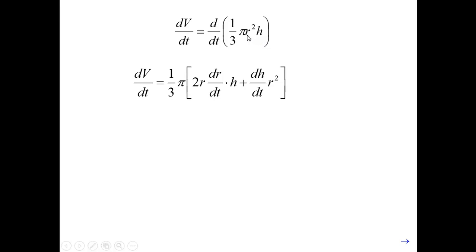The derivative of r squared will be 2r dr/dt, taking it with respect to t, times the second recopied, which was h, plus the derivative of h with respect to t, which is dh/dt, times the first recopied, which is r squared. So this is all a product rule of r squared h with respect to time.